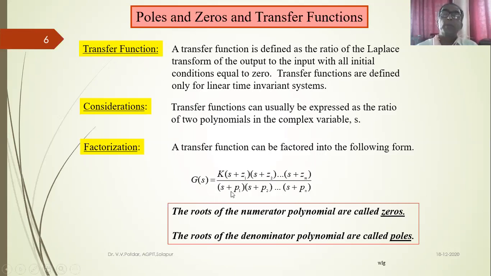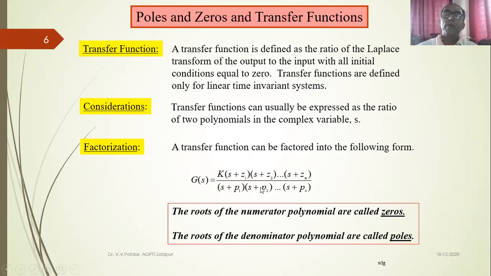Similarly, in the denominator, if I got S into S plus 5 into S plus 6 into S plus 7, how many poles I have got? 4 poles. Because for S equal to 0, the entire denominator becomes 0 and the entire ratio becomes infinite. So S in the denominator at S equal to 0 gives my first pole at the origin. The second pole is the simple pole: for the factor S plus 5, for S equal to minus 5, I got one more pole.